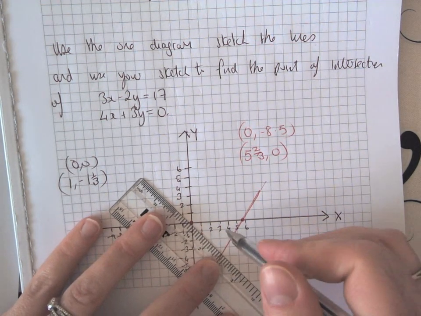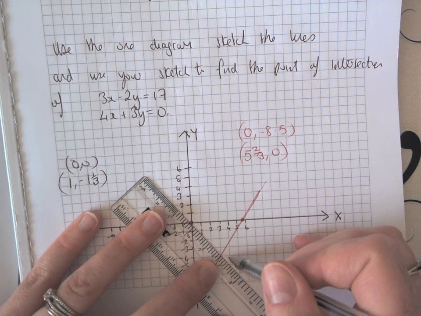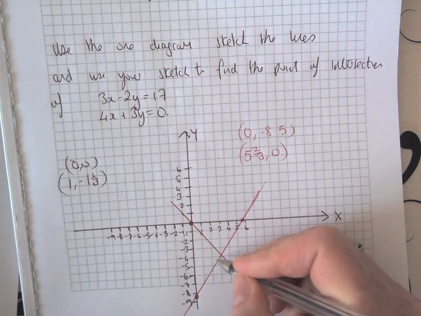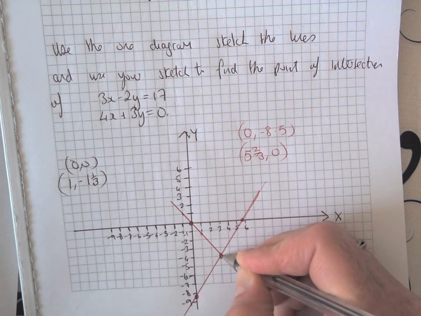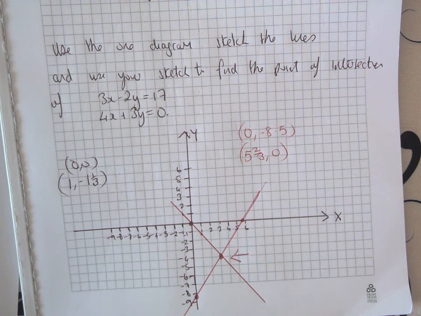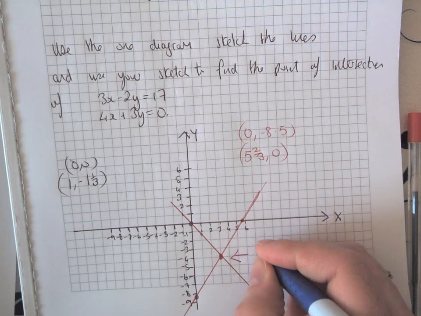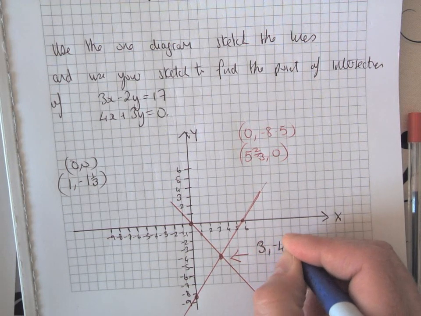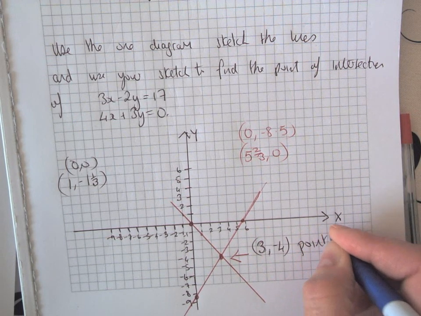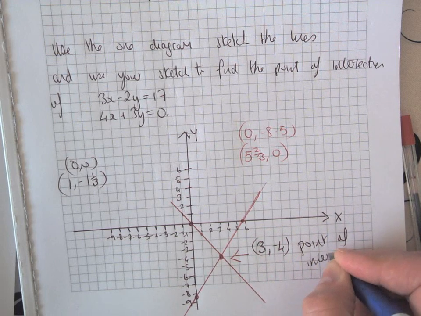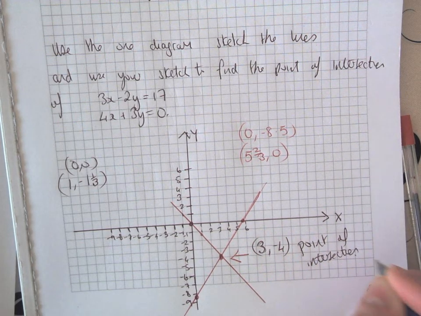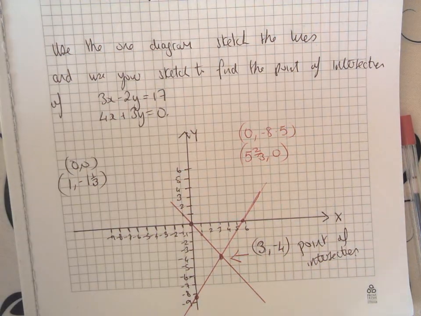So line them up. And we get our point of intersection of the two lines. So 3, minus 4. Okay, so that's how you do it if you need to do it using a graph.